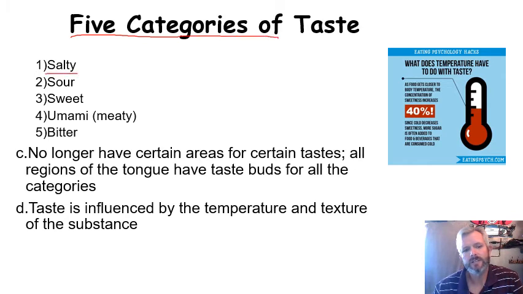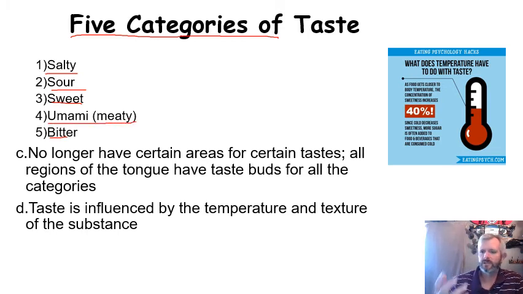We got salty, sour, sweet, bitter, and the newest, sometimes called a flavor enhancer, umami, or meaty flavor. It was once thought that there were certain regions of the tongue involved with certain tastes. Now it's believed that all regions that have taste buds can respond to these different tastes.